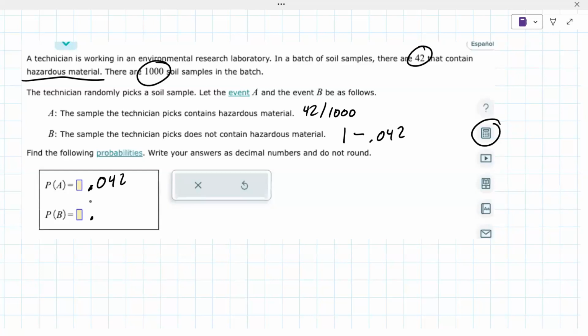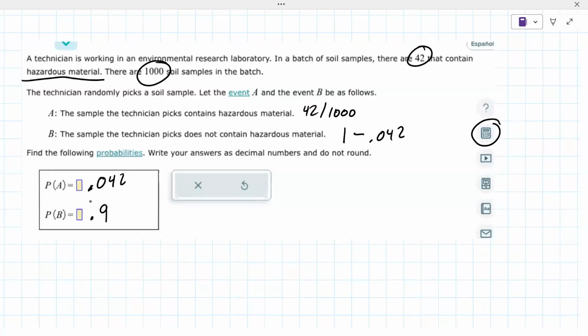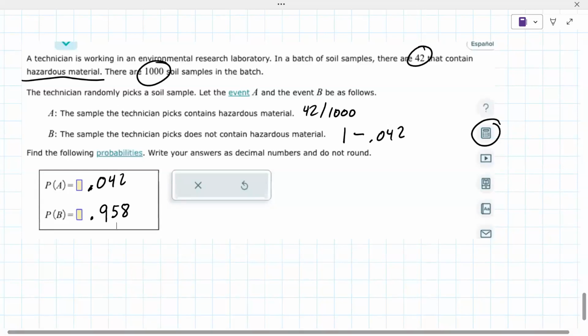And then could you give me that result here in your calculator? So for that, I got 0.9558. Good, good. And those are correct.